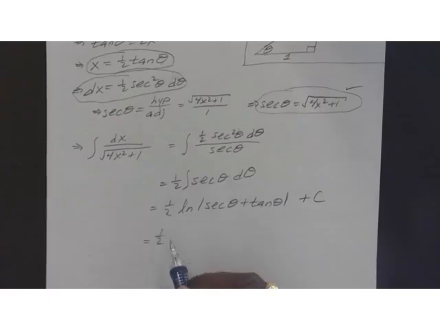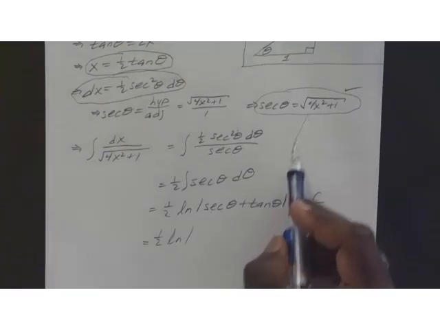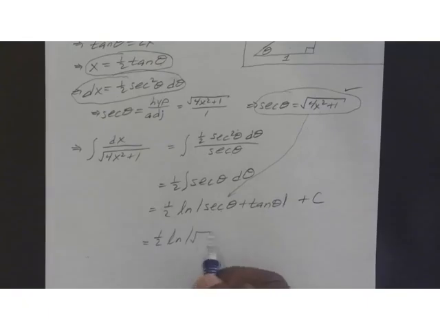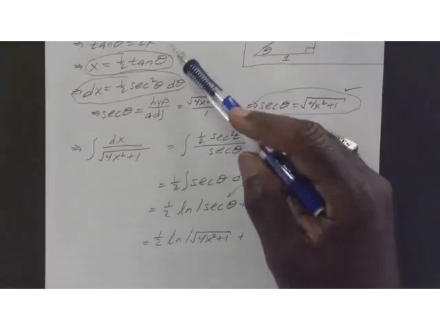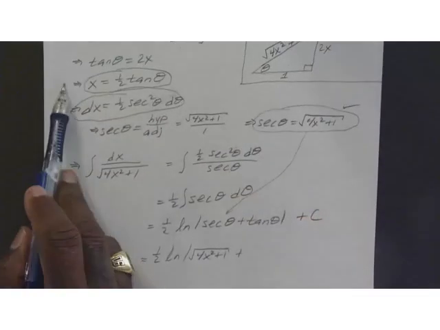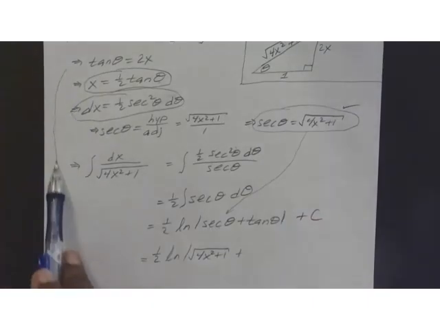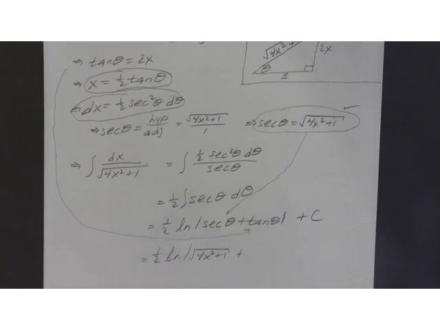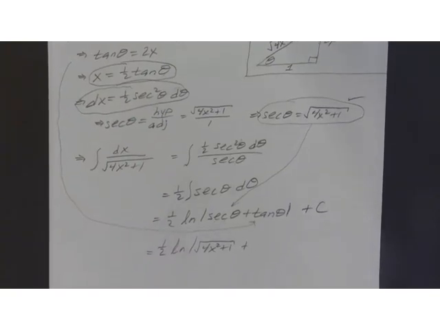Okay, so that gives us 1/2 times the natural log of secant theta, which we can replace with the square root of 4x squared plus 1, plus tangent of theta that we can replace, which is 2x, plus c.